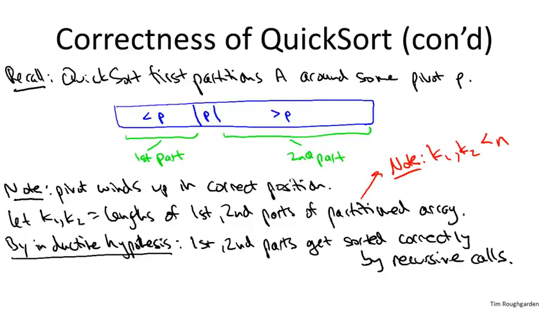And to be very precise, what we're using to argue that the recursive calls are correct are P of K1 and P of K2, where P is the assertion that Quicksort is always correct on arrays of length K1 and K2. And we know that both of these statements are true because K1 and K2 are both less than n, and because of the inductive hypothesis. So what's the upshot? The upshot is Quicksort's going to be correct.